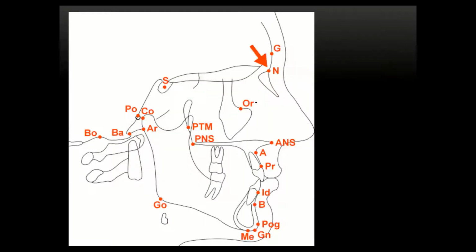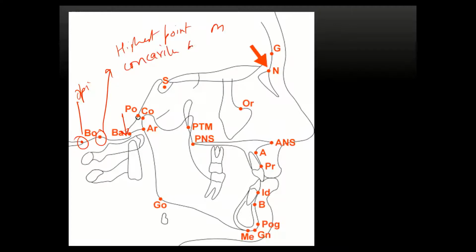Now another point, last point. We know basion. This is basion. This is opisthion. Between these two, basion and opisthion, is Bolton's point. What is the definition of Bolton's point? Highest point on concavity behind occipital condyle.